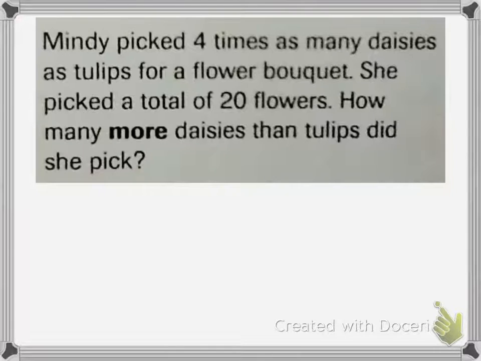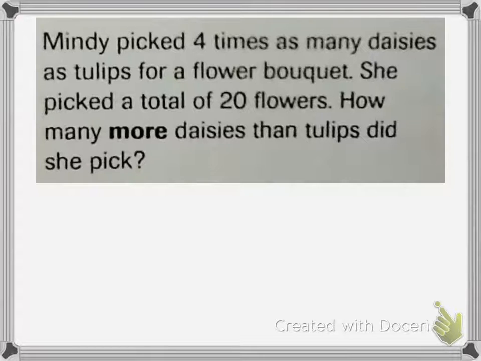Okay, here is our first word problem. Mindy picked 4 times as many daisies as tulips for a flower bouquet. She picked a total of 20 flowers. How many more daisies than tulips did she pick?